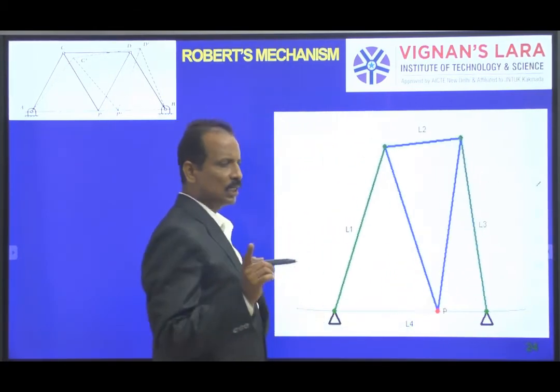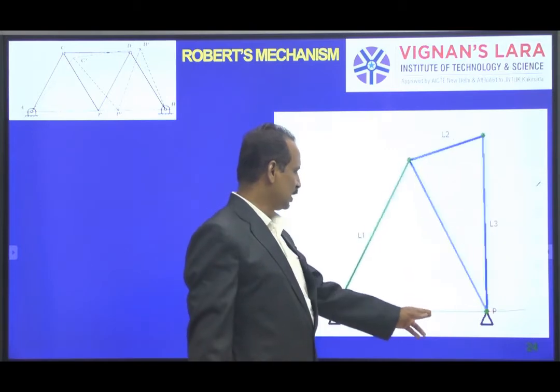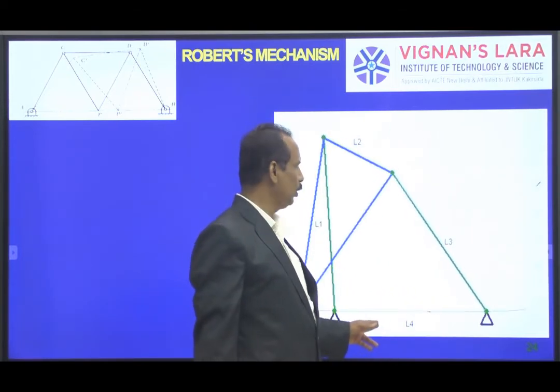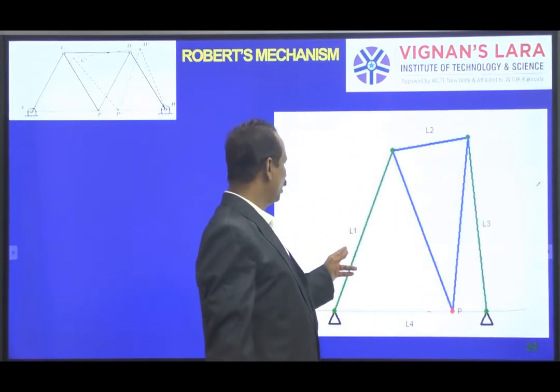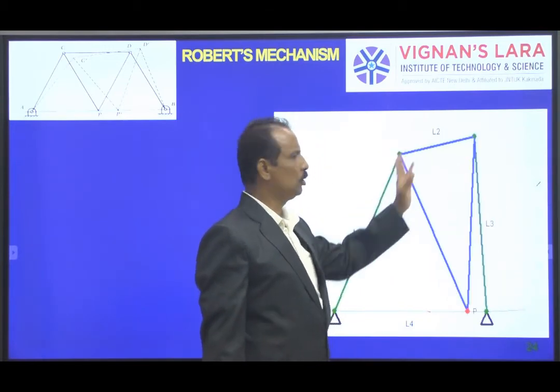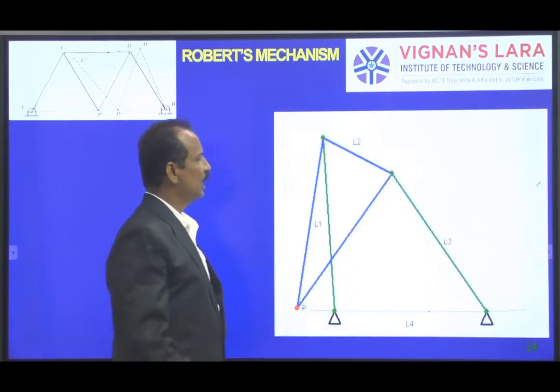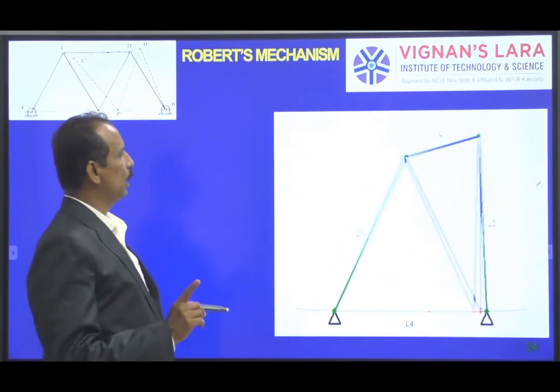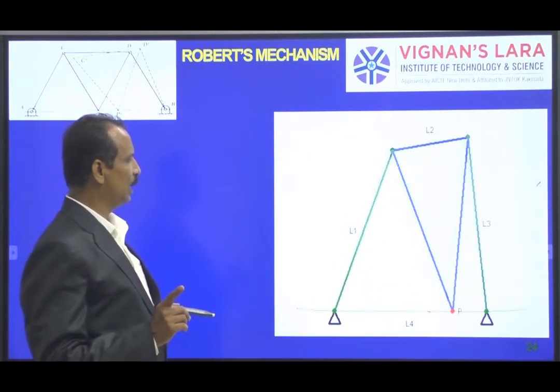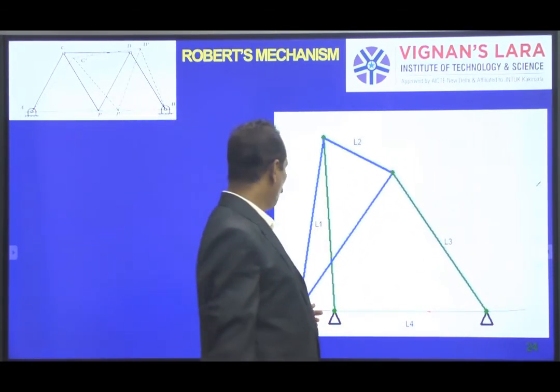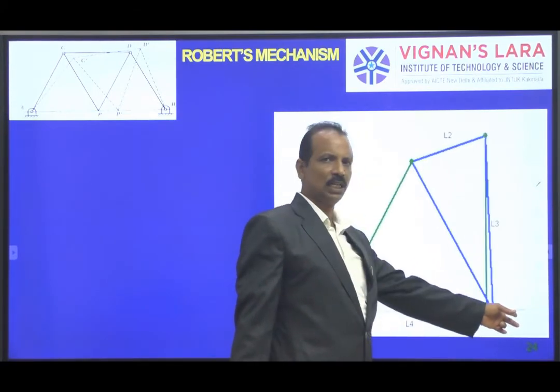So there are 4 links finally: one is the fixed link named link 4, and link 1, link 3 and link 2. Link 2 is a triangular link, where the output P is tracing a horizontal path.